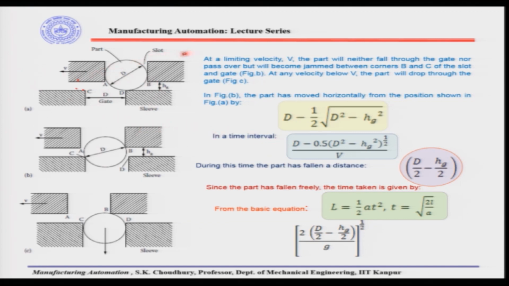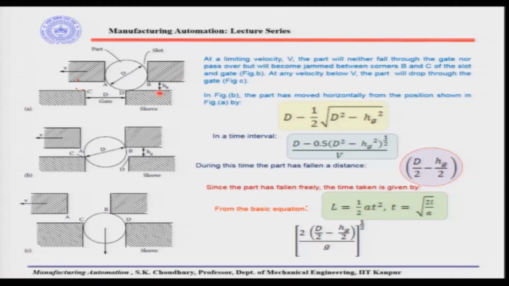Now, to get the maximum feed rate, to summarize, the maximum feed rate we could get is the velocity divided by the adjacent slot length. To get the velocity, the principle that we have adopted is that the part, while moving towards the gate, is covering a certain horizontal distance and at the same time it is falling.